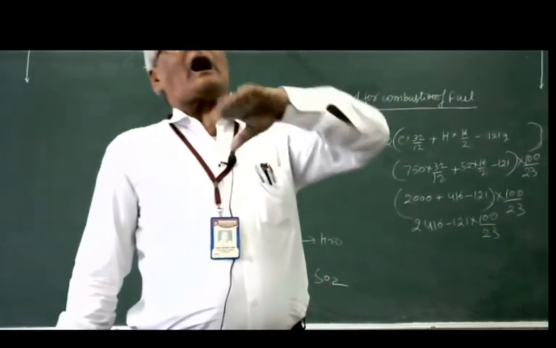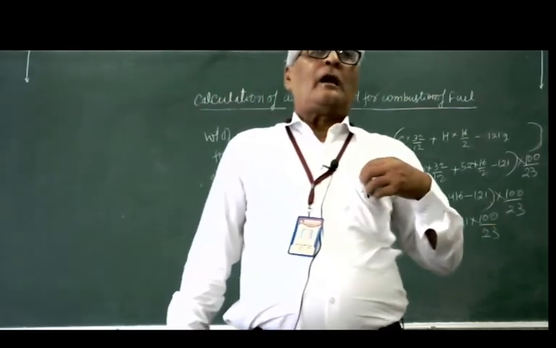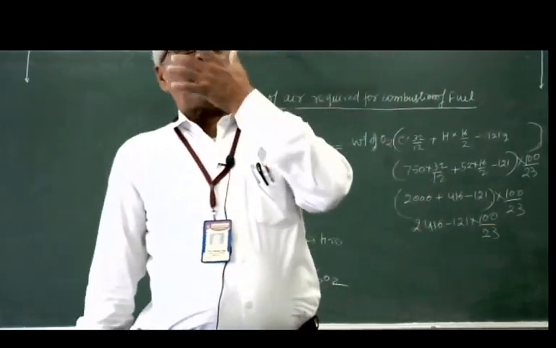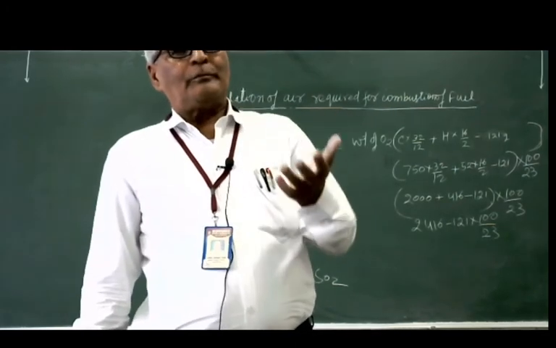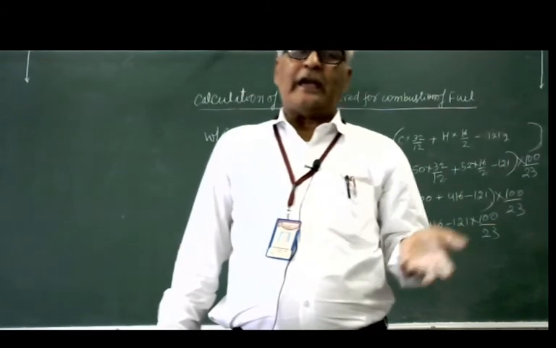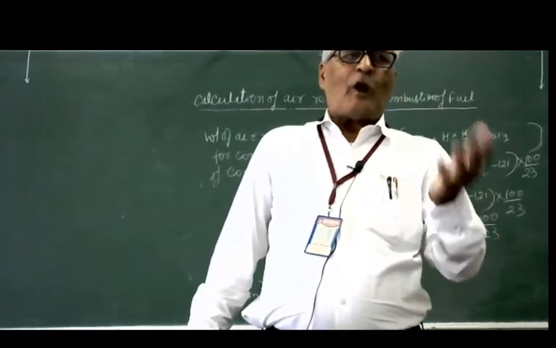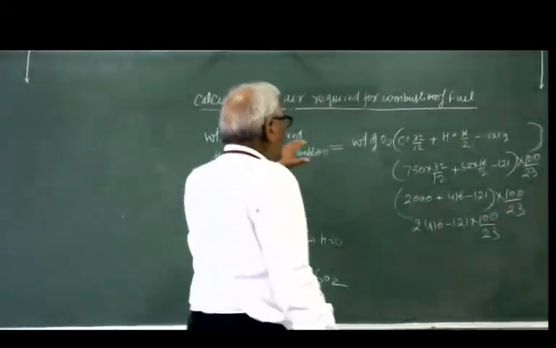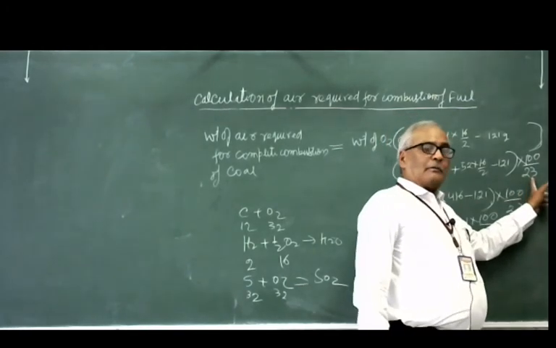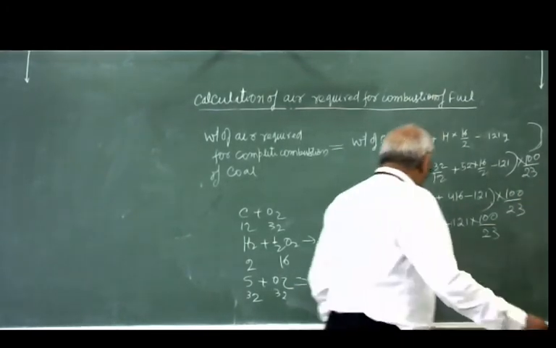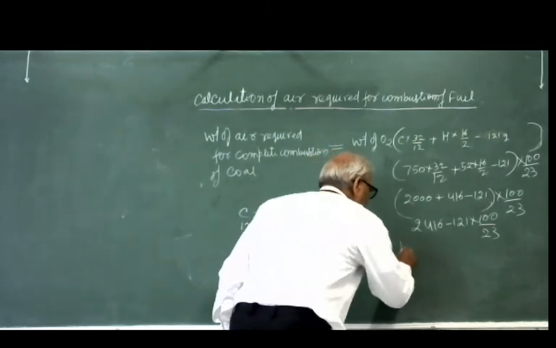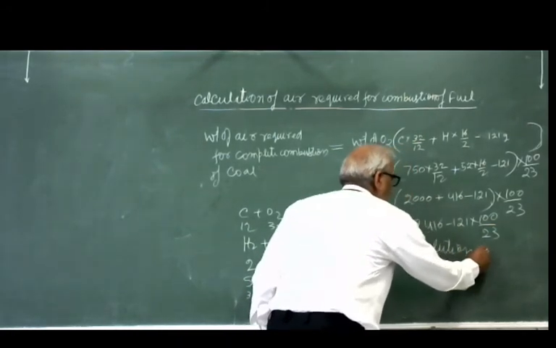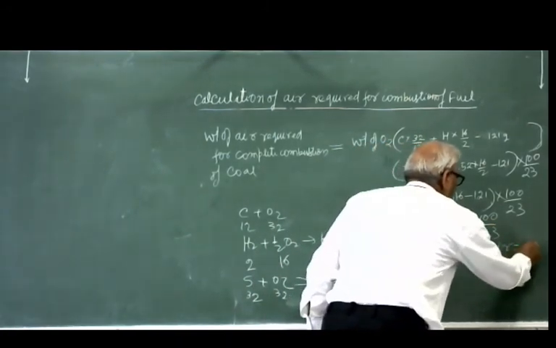Now we can also calculate the volume of the air. The 23% is the amount of oxygen in air by weight, but O2 by volume in air is 21%.